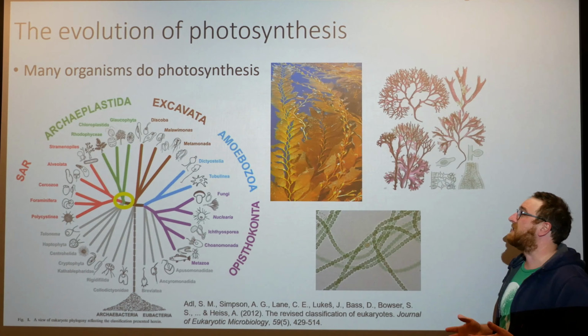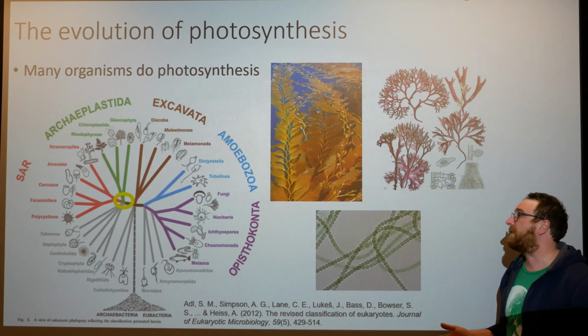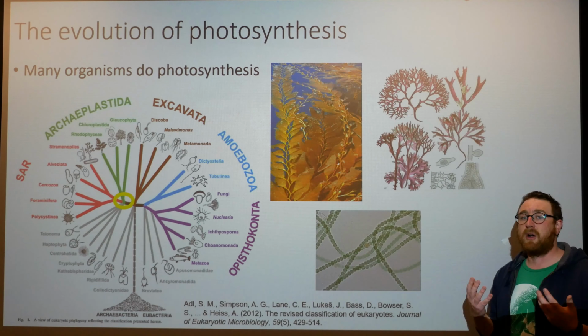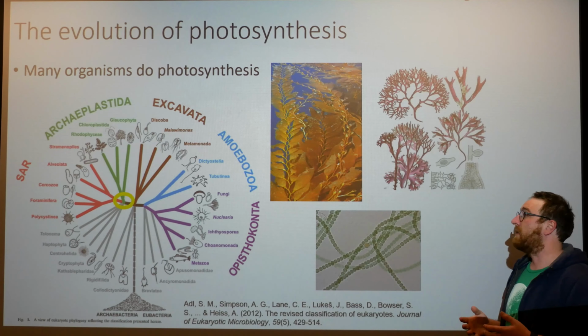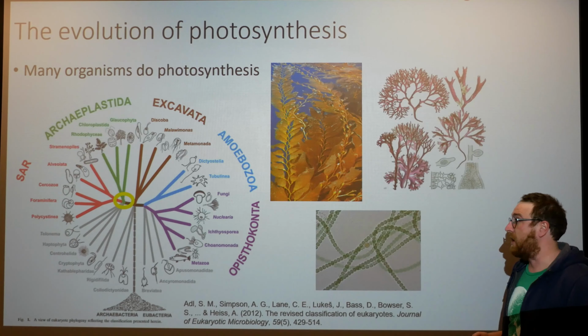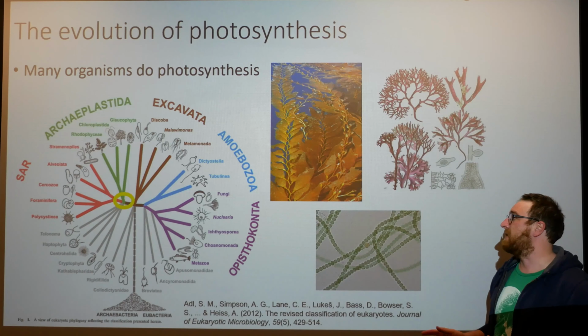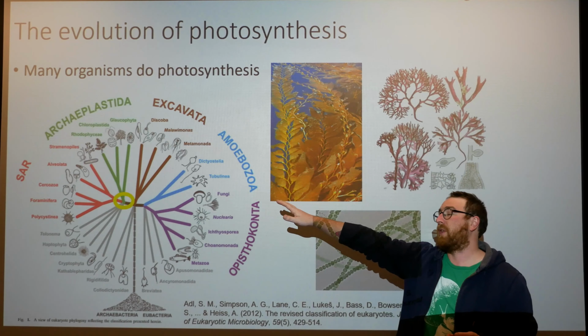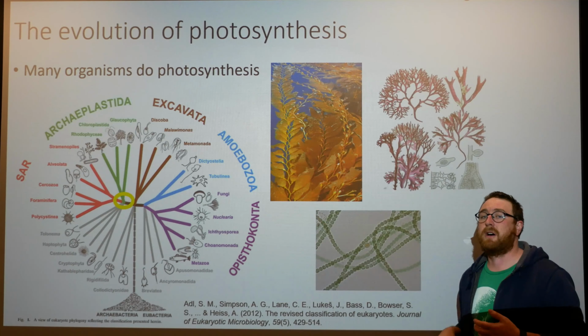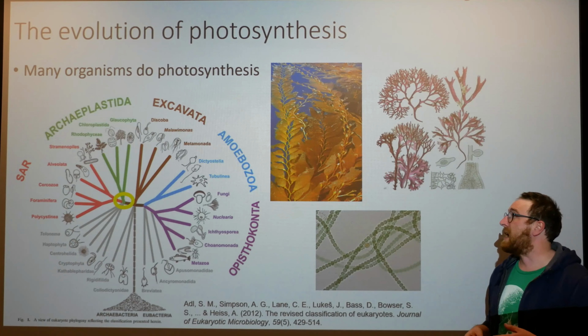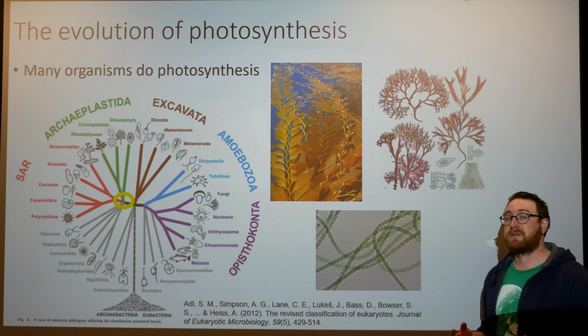When we look across the tree of life at organisms that are able to do photosynthesis, there's quite an array of eukaryotes that do this, especially ones associated with the plant phyla on the far side of the eukaryotic tree. And there are a lot of different ways to do photosynthesis.